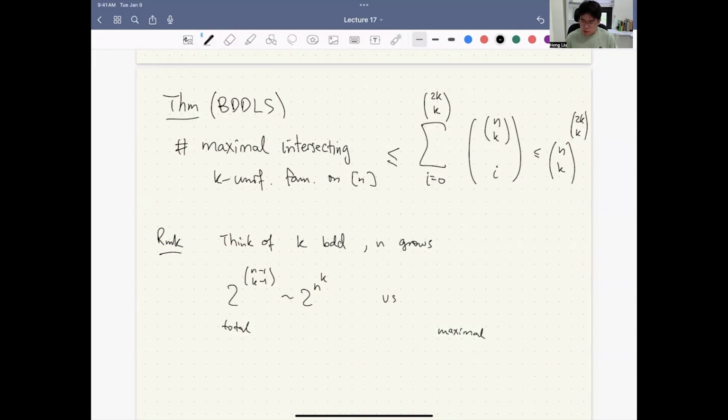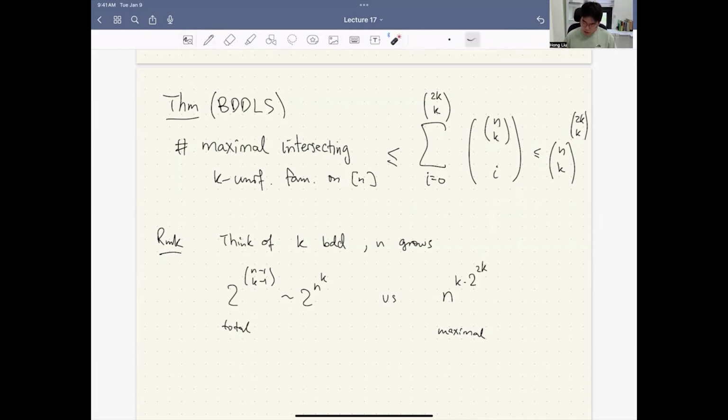This is roughly at most n to the k, n choose k, times 2k choose k, which is k times 2 to the 2k at most.